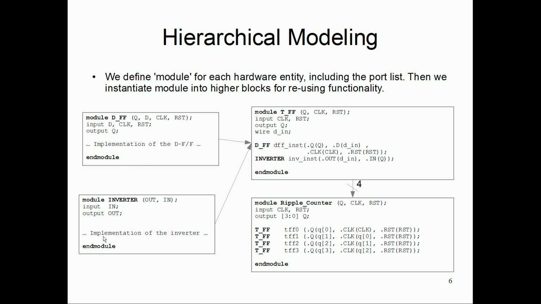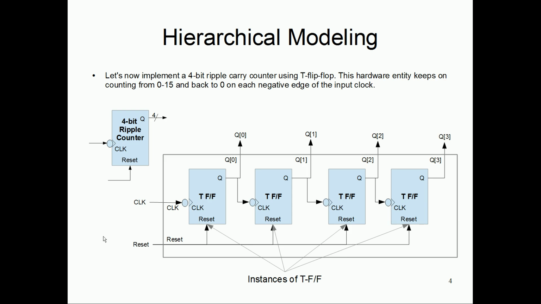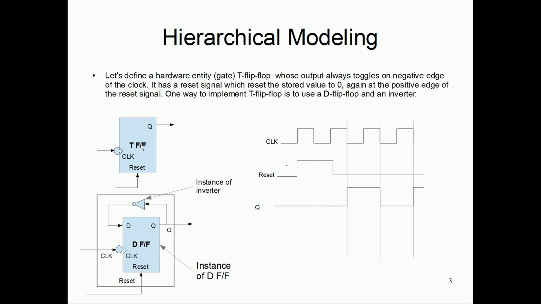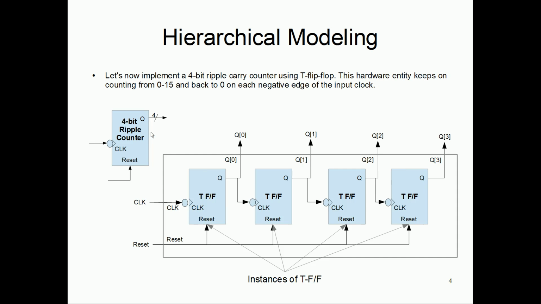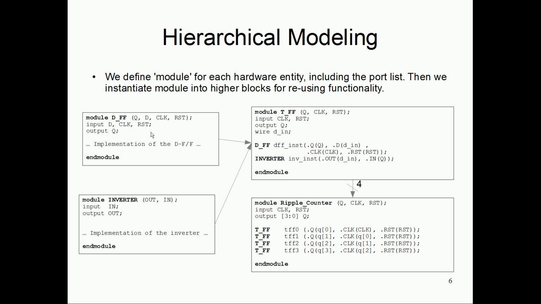Now, if you recall, the T flip-flop instantiates one inverter and one D flip-flop. It has 2 input ports, clock and reset, and 1 output port, Q. How do we do it? We define a module again, T flip-flop, entity definition, list of ports: Q, clock, reset.